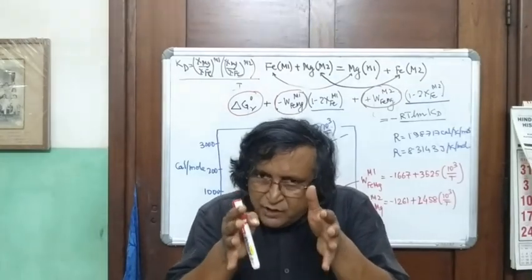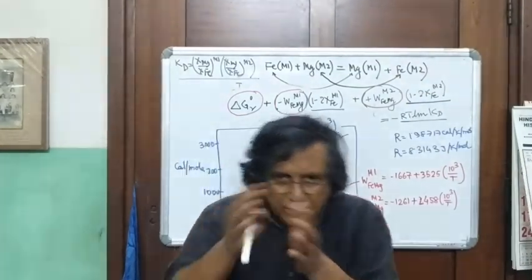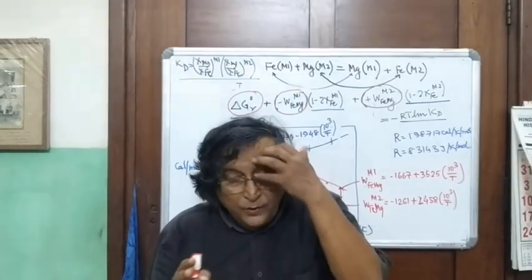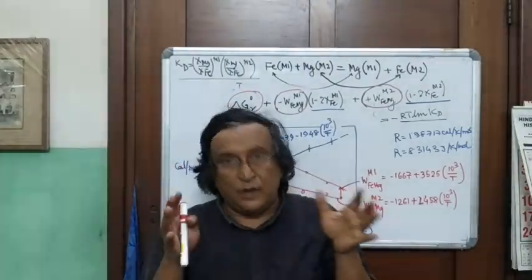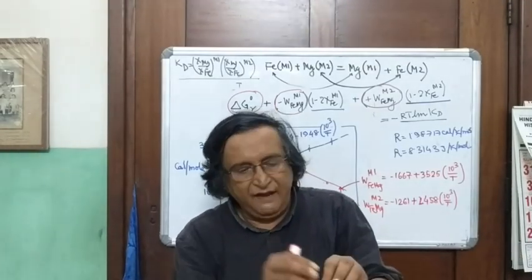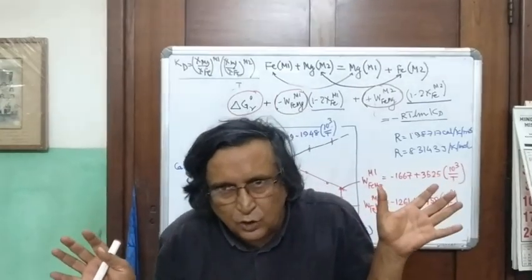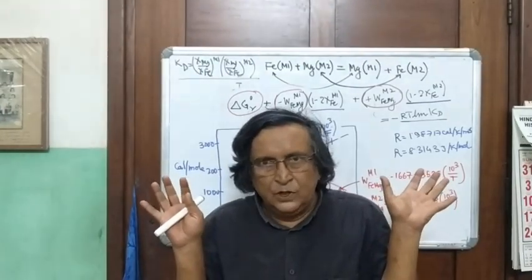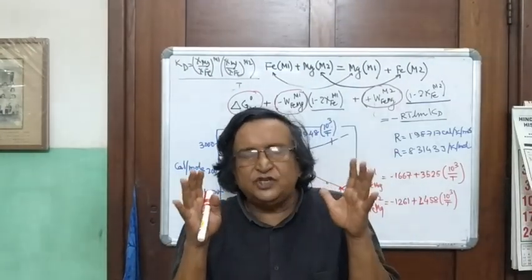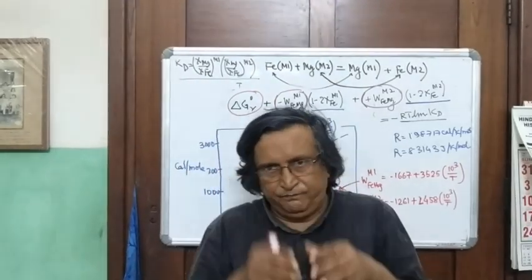So the amount of energy that you require to replace iron by magnesium or magnesium by iron, remember, we took regular solution formulation, which means that we make no distinction if Fe is replaced by Mg or Mg is replaced by Fe. We don't make this distinction, we make it simple. So it is the energy parameter that is required to replace iron with magnesium.